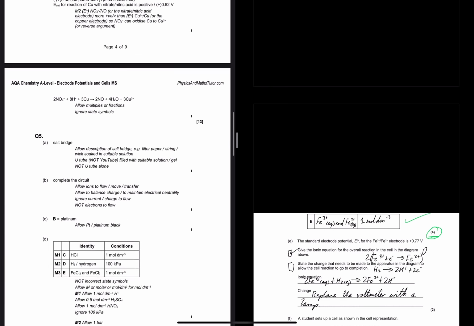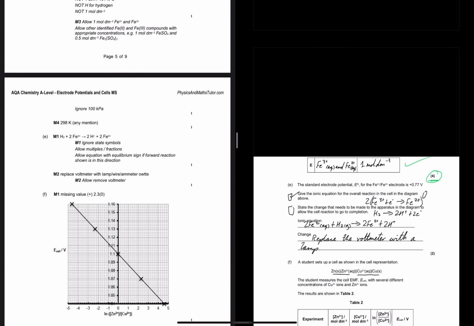The equation, H2 plus 2Fe3 plus. I know the state symbols aren't really necessary, you can just ignore them, so it will be fine. Fe2 plus and 2H plus. Don't worry about the order of them, it's still the same thing really.